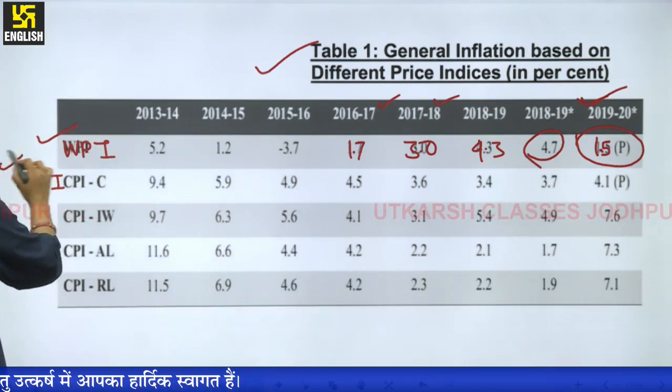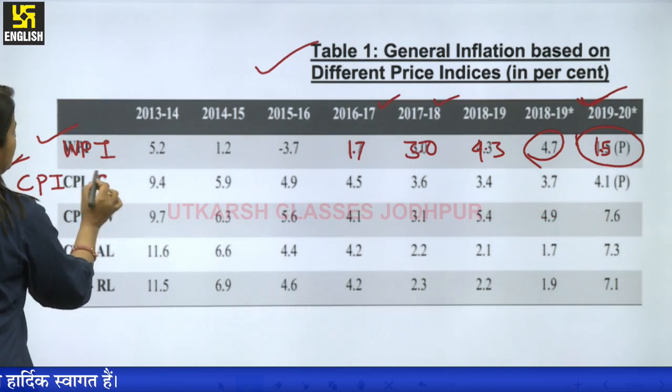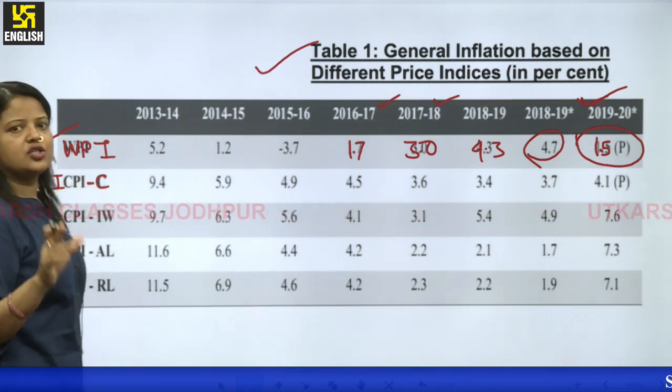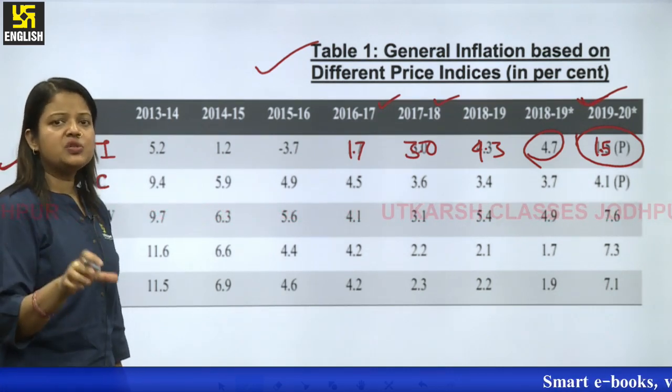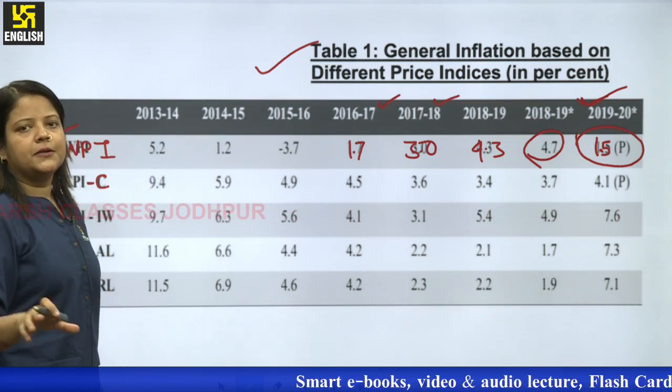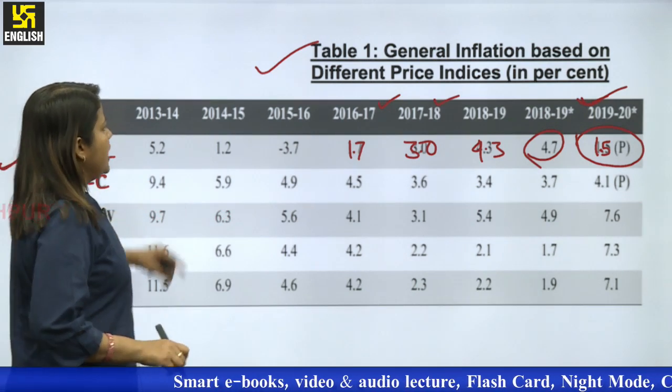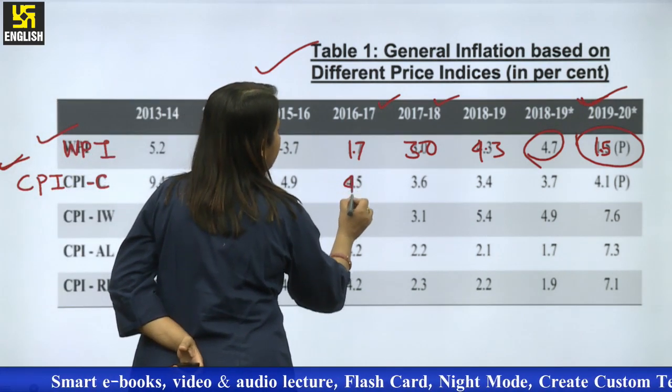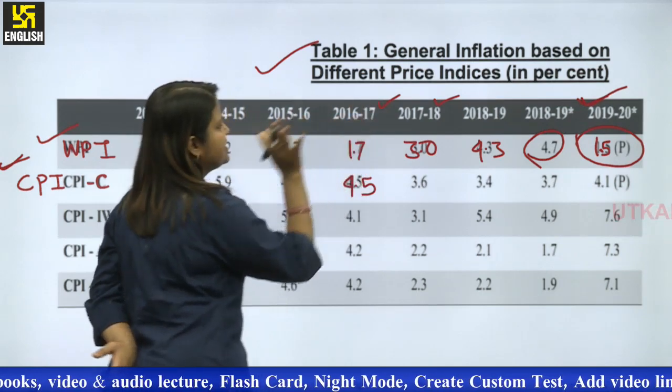Now the consumer price index combined, CPIC, which I have told you about. It means the price index of rural area plus the price index of urban area. It was 4.5% in 2016-17.